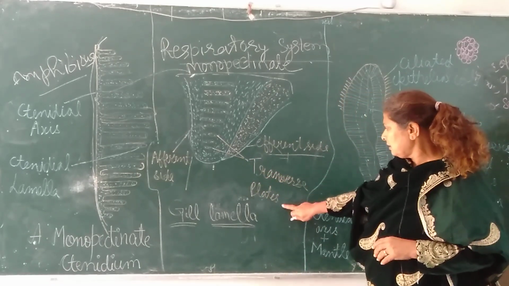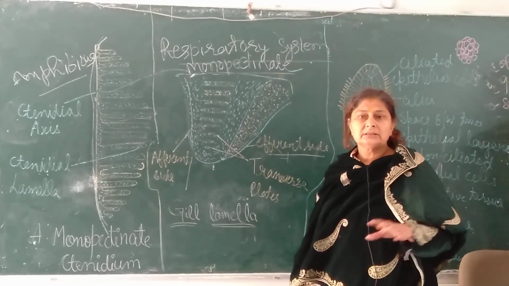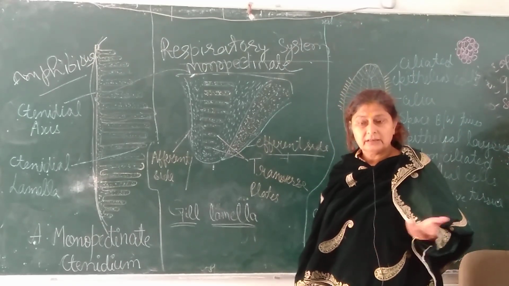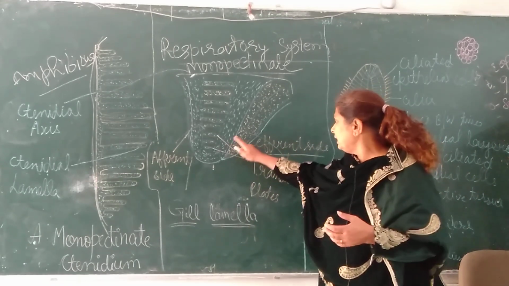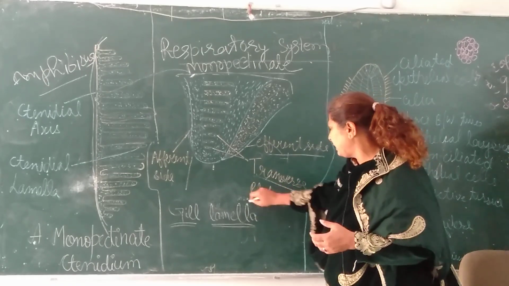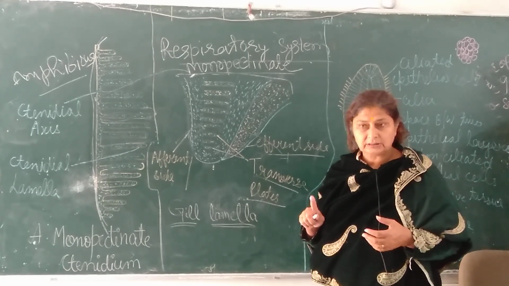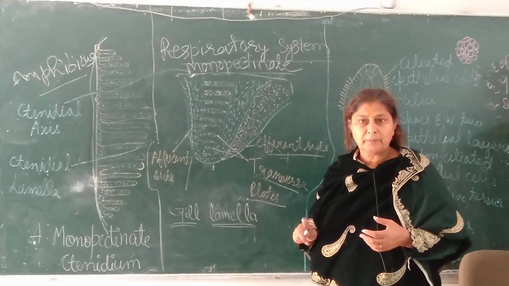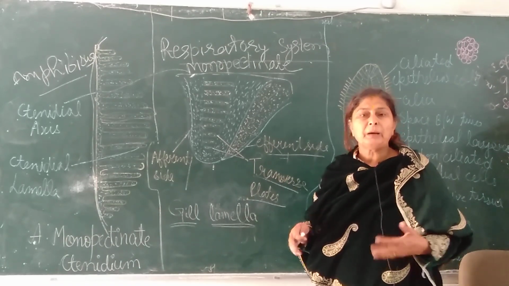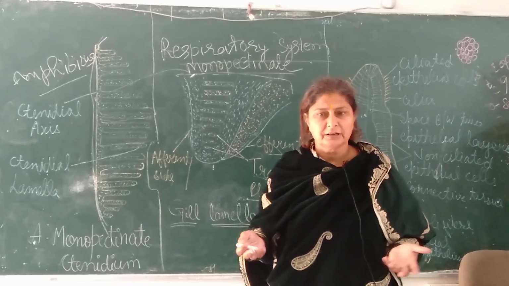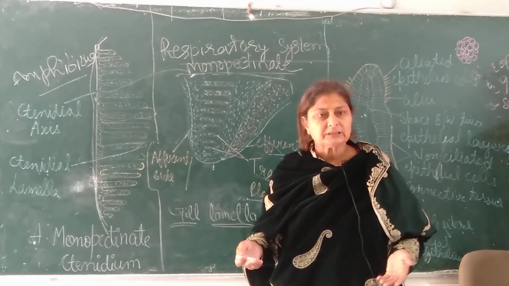These are called the transfer plates. This is a very interesting thing. Respiration needs blood. So each of these transfer plates is rich in blood supply. They are rich in blood vessels. The blood supply definitely comes in the form of blood vessels.